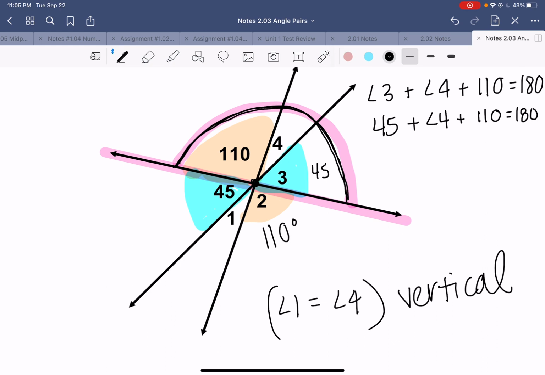Now I'm going to combine the constants that I have here. I have a 45 and my 110, which gets us angle 4 plus 155 equals 180. All right, now I need to get angle 4 by itself, so I'm going to subtract 155.